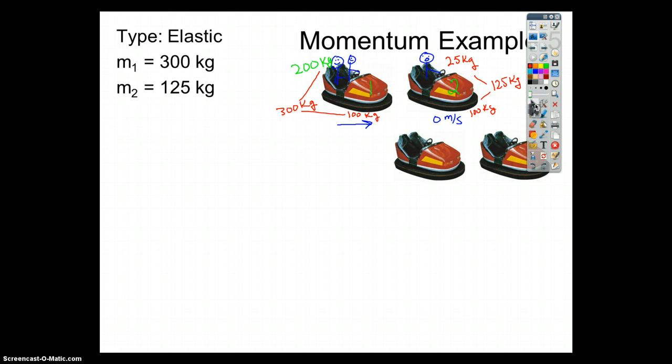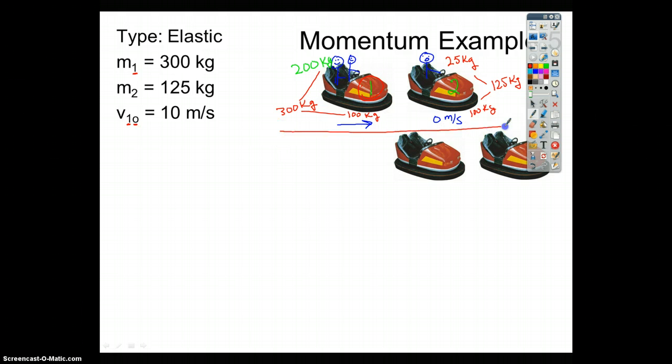Next we need to look at the speed of each car before the collision. Anytime we deal with the first car, we put a 1 next to the item we're looking at. If it's before the collision, we use original, and if it's after, we use final.